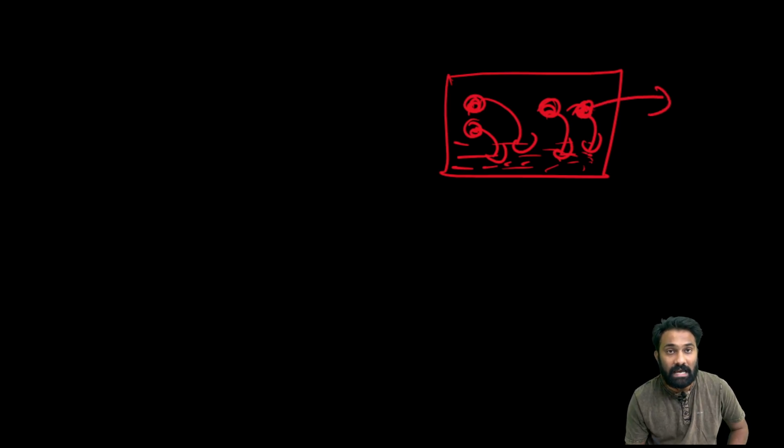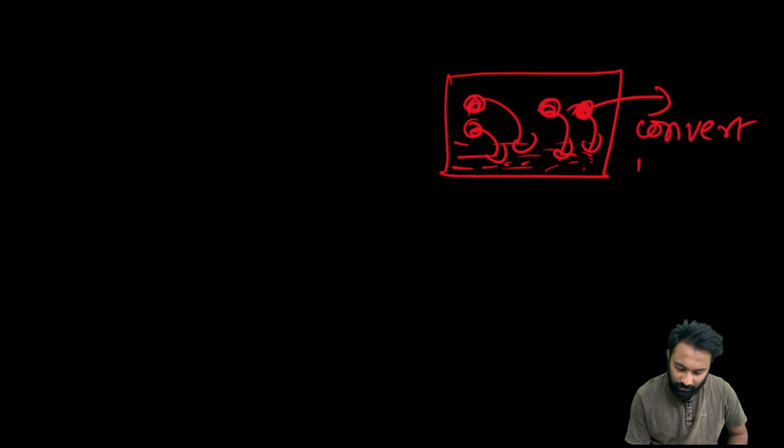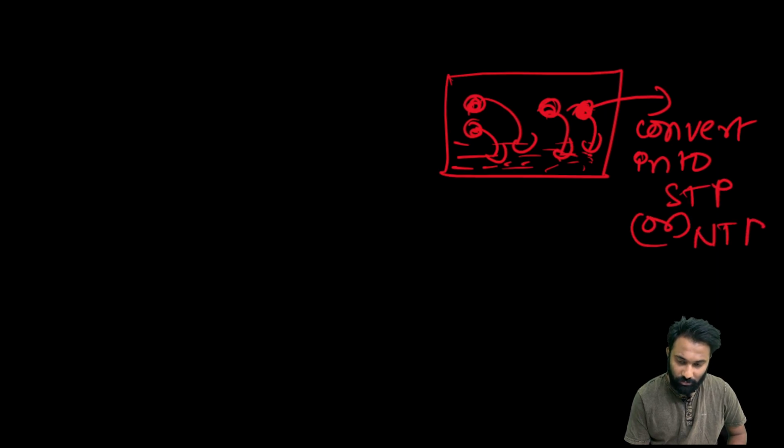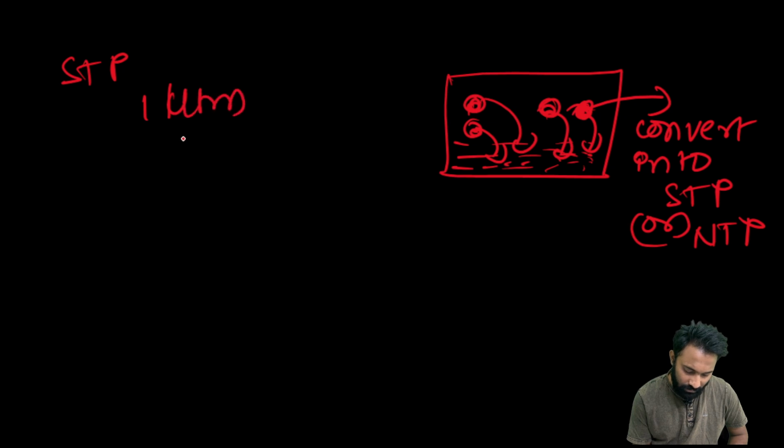If you want to calculate how much volume of gas has dissolved in 1 ml or any given ml of the solution, first you convert this gas into STP or NTP. What are the STP conditions? 1 atm and 273 Kelvin, right?